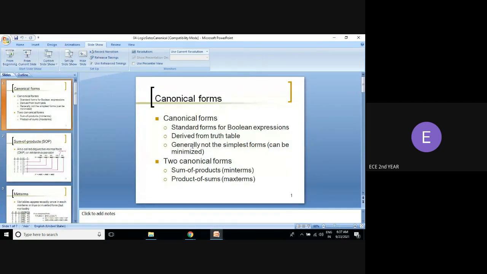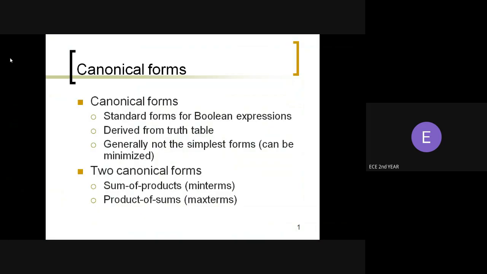Logical forms is nothing but how to represent a Boolean expression. In terms of the Boolean expression, we'll be having two types of forms: the first is called sum of products, and the next is called product of sums. And what are the terms that are present in any of those forms?